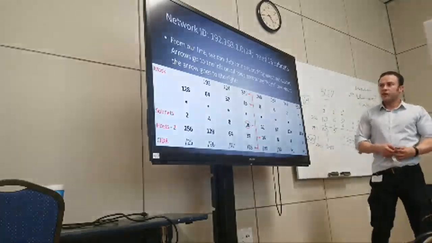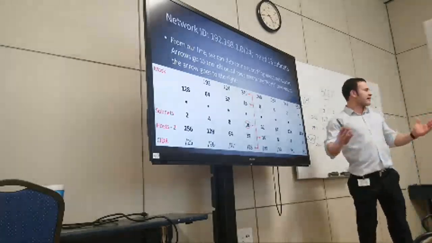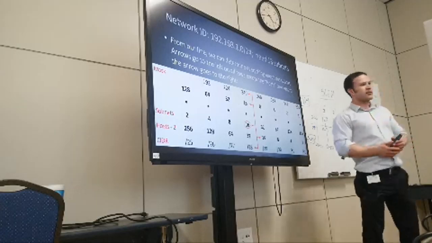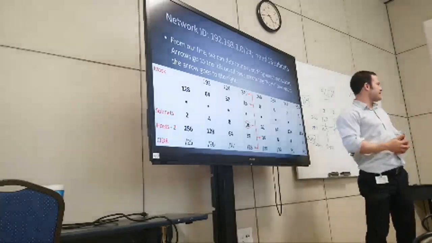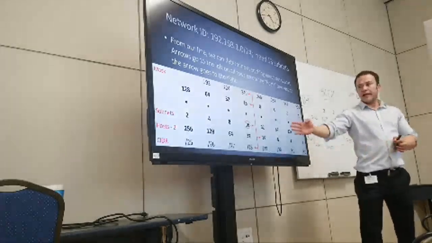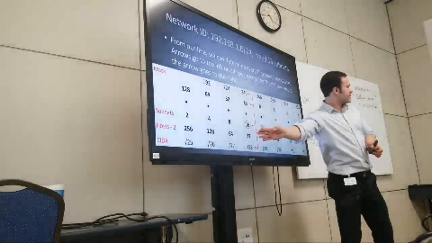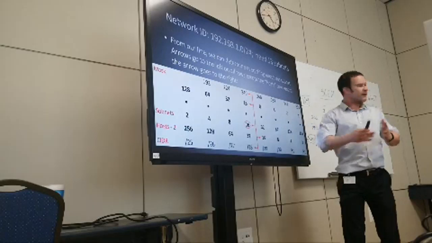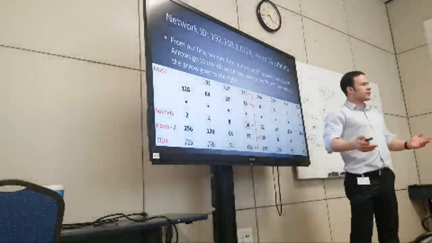So now we pretty much know everything about how we're going to subnet this network, just from the information that we need 13 subnets. We drew our line because this was the place where we get 13 subnets while still giving us the most possible number of hosts per subnet.